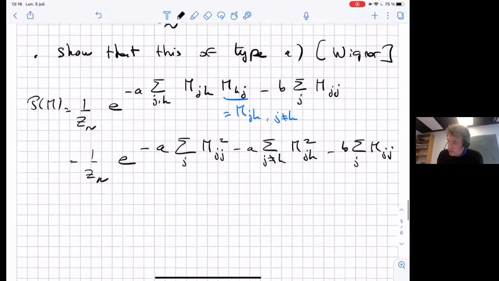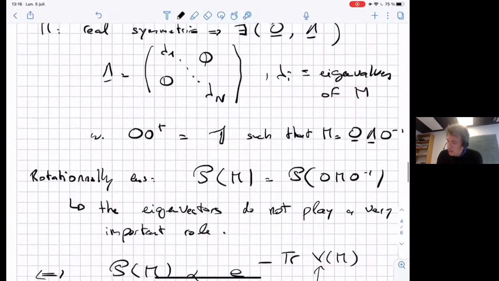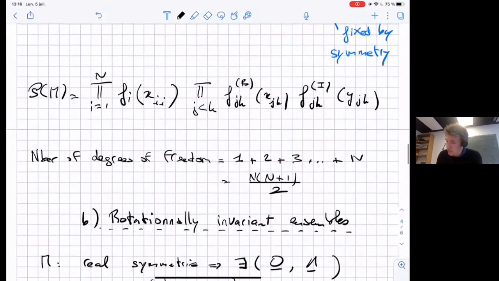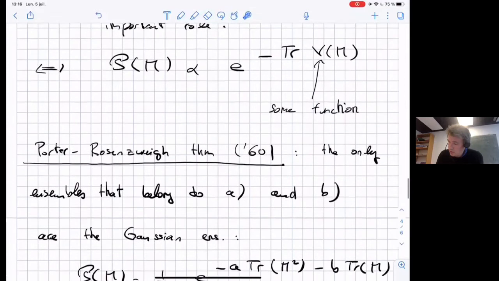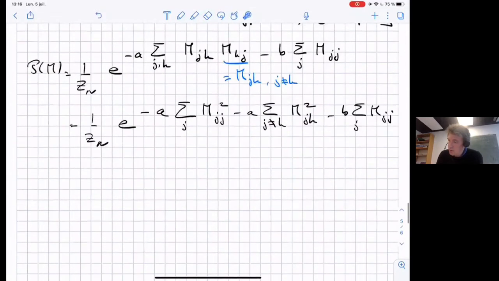But if you go back to the way I defined the Wigner measure, the product is for j strictly less than k. And here, of course, I can use the property that the exponential of the sum is the product of the exponentials. And therefore, you would simply get the following.